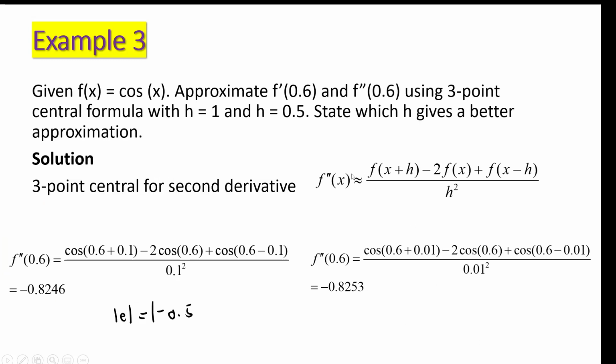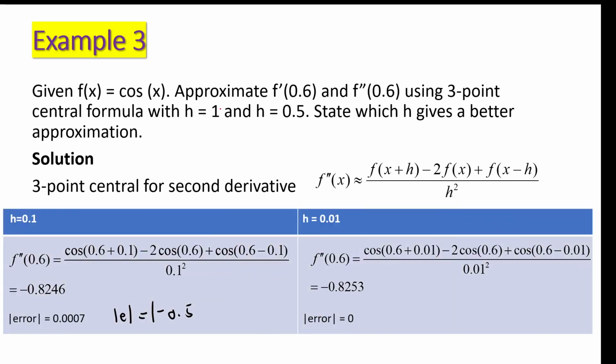This is the second derivative using 3-point central, and f(x) is cos x. This one changes: h is 0.1 and 0.01.